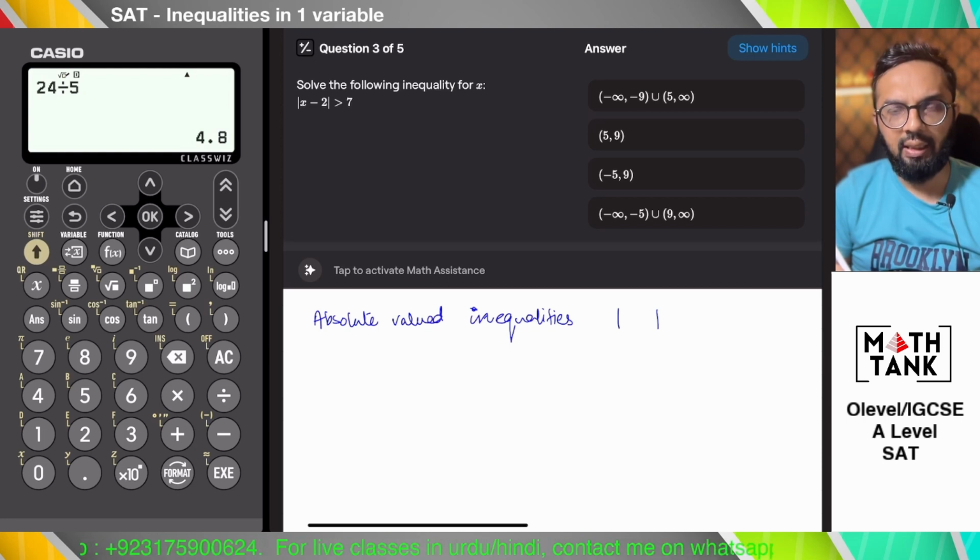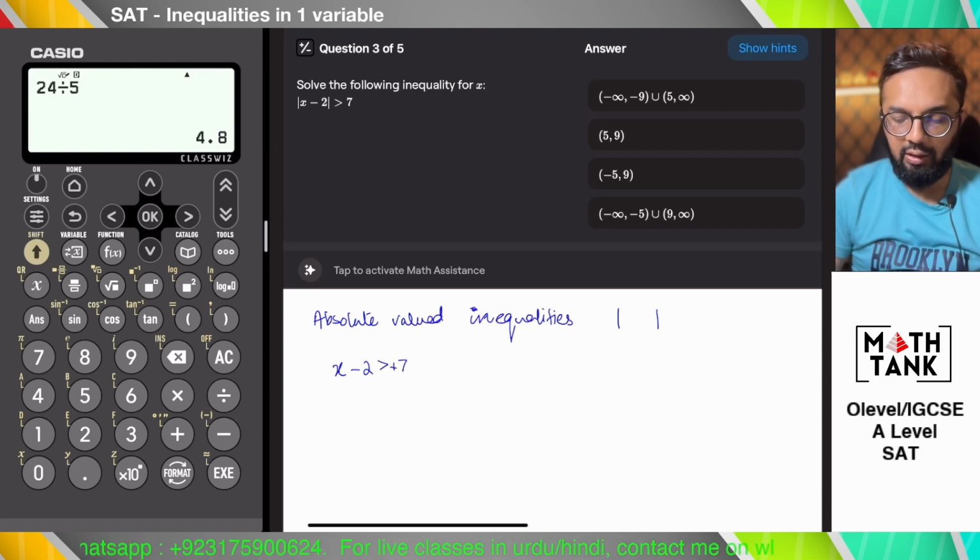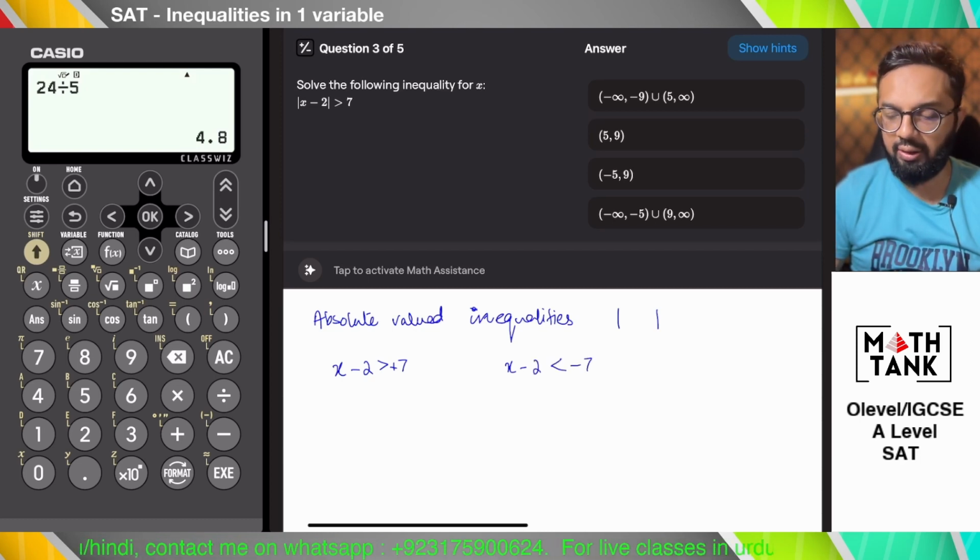One is with the plus and the other is with the minus. So I'm going to say that x minus 2 is greater than 7 and x minus 2 is less than minus 7. Remember to invert the sign whenever you introduce a negative.